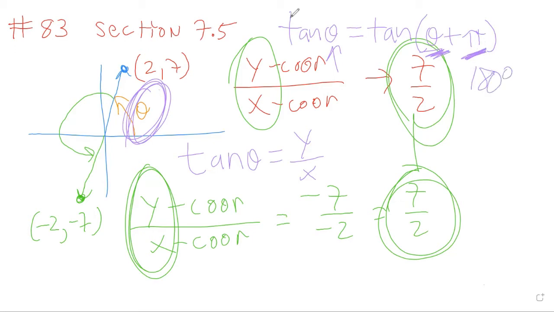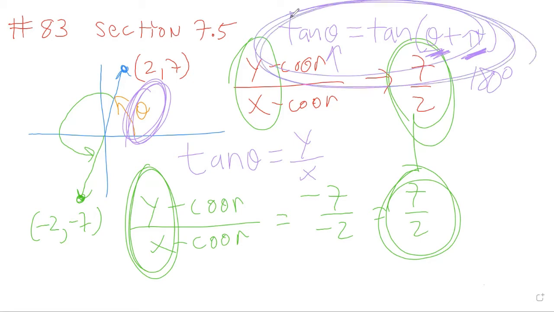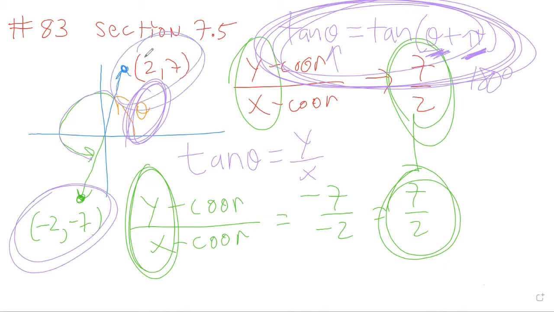So that's why the books tell us this identity, because whether you do tangent from theta or from theta do a 180 spin and do tangent down there, you're gonna get the same ratio, something like 7 over 2, 7 over 2. Because here, you're dividing two positives and it's positive, but down there, if you divide two negatives, it results in the same positive.